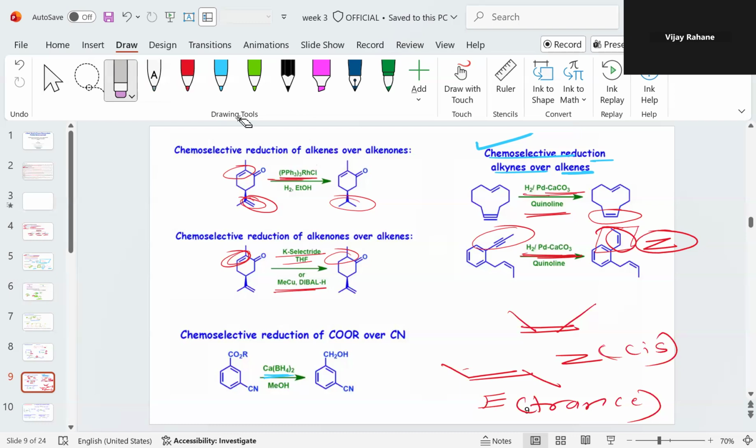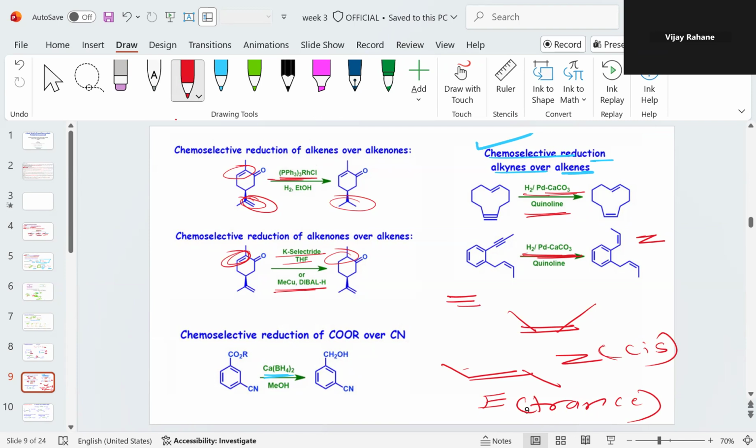Now my question is, if you want the E olefin, that is the trans olefin, what reagent condition are you going to use? Here you get the Z olefin, that is the cis. But if you want the trans type olefin, then what condition can you use?